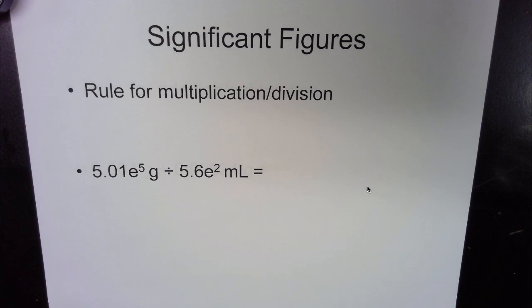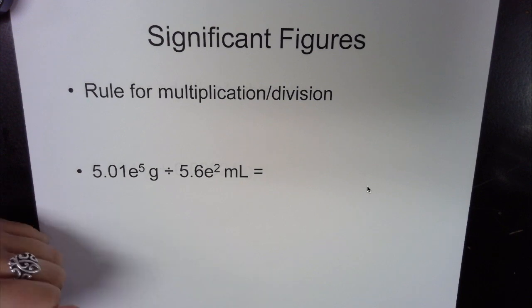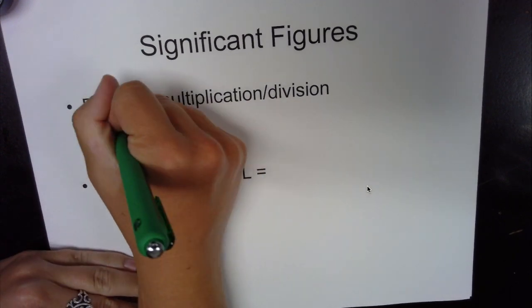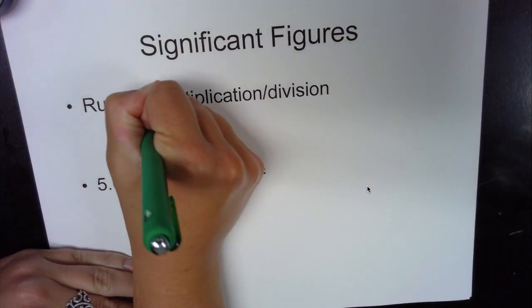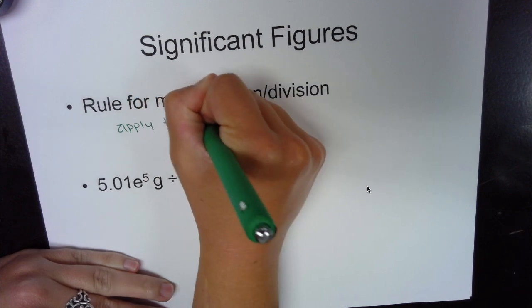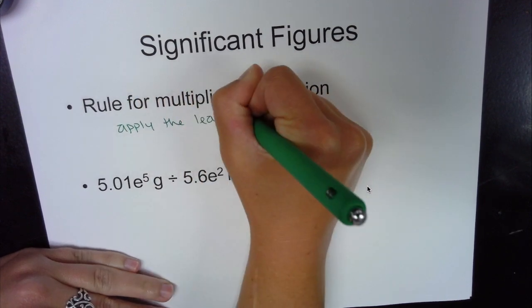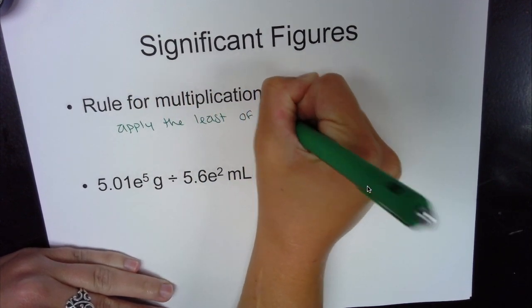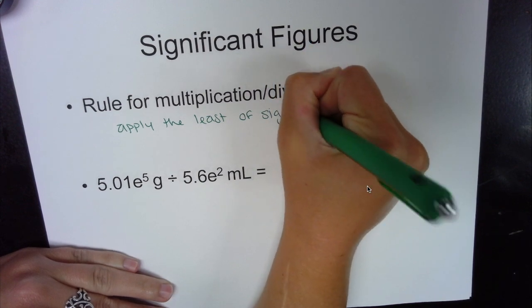Then we have some rules for multiplication and division. For multiplication and division, I think is the easier one because you apply the least number of sig figs between the numbers that you are using.